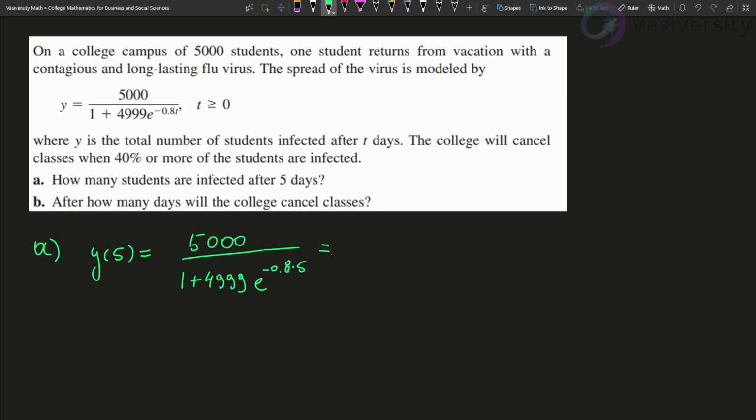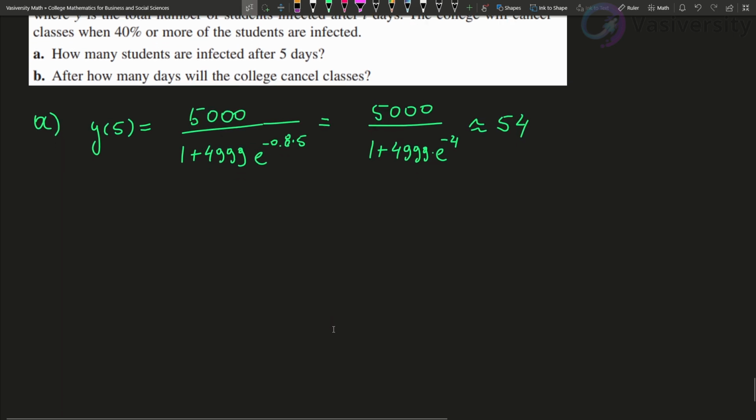That is equal to 5,000 over 1 plus 4,999 times e to the negative 4, which gives us roughly 54 students. So after 5 days, only 54 students are infected. Now for part B.